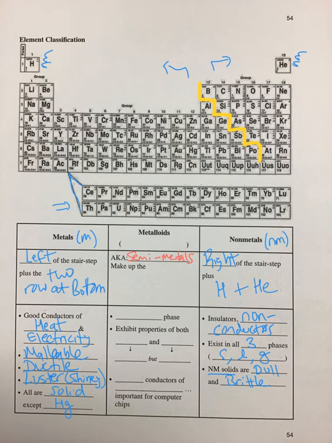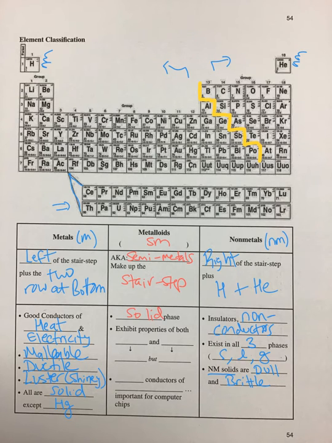They're also known as the metalloids, and you will see that I will use SM for the abbreviation. These elements, since they're semi-metals, okay, they make up the stair step. Okay, all metalloids or semi-metals are in the solid phase.